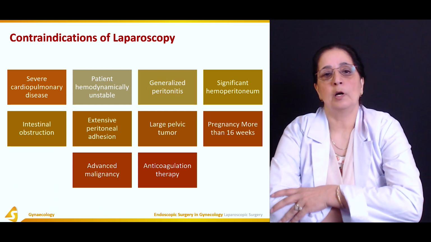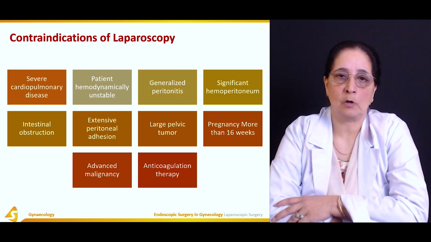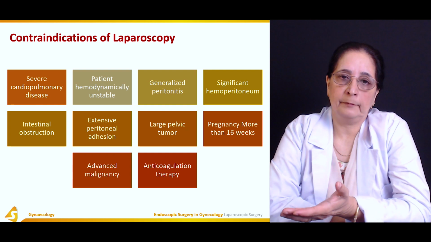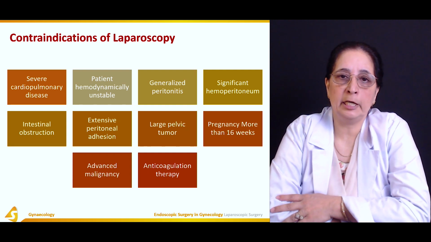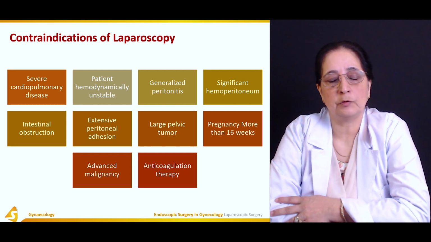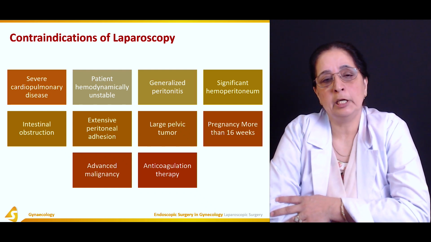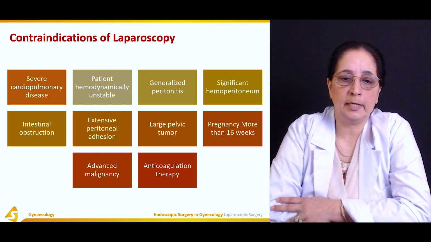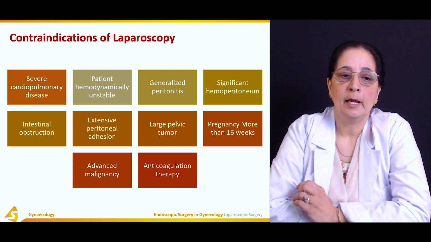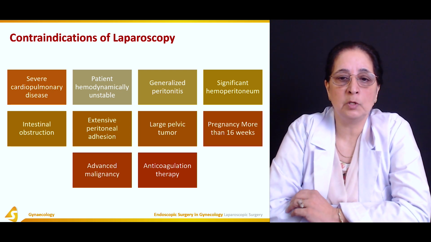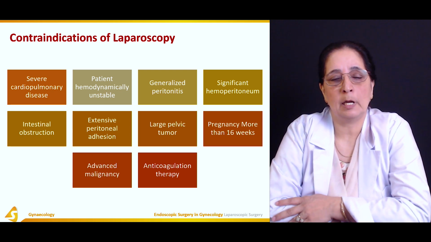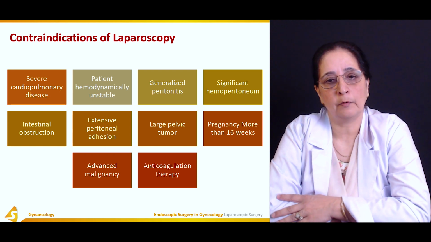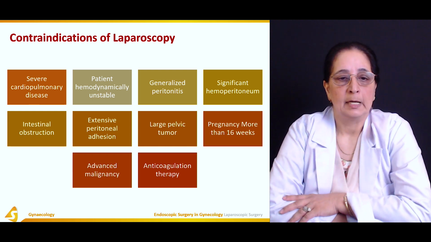Then what are some contraindications of laparoscopy? We went over so many indications in which we use laparoscopic surgery, but besides indications, there are also contraindications. Contraindications are conditions in which we cannot perform laparoscopy.